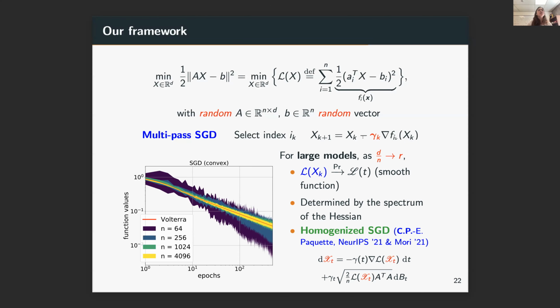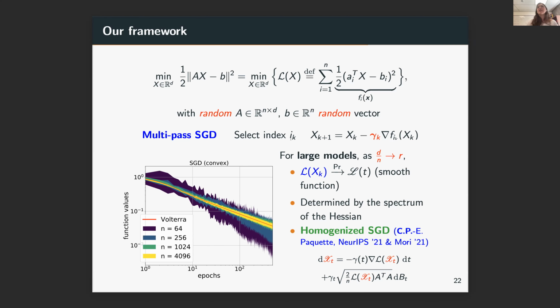Just as before, what's maybe the most different from the past version is that here you can reuse data. So the A's can be reused over and over again. The randomness is coming from choosing the index uniformly at random. Just as before, for large models, as you send the number of features and samples to infinity proportionally, you'll see that the loss will concentrate around a deterministic function.